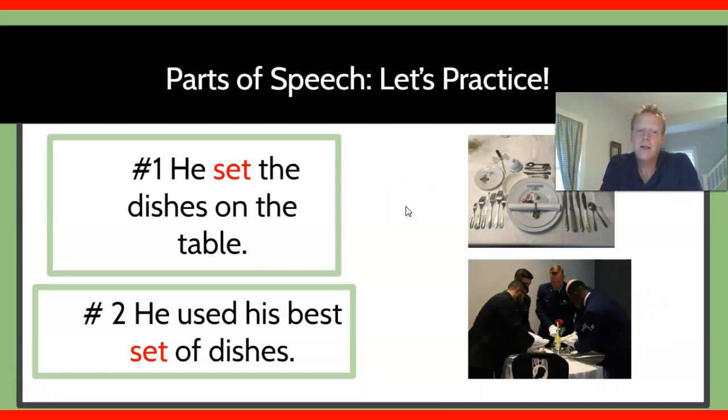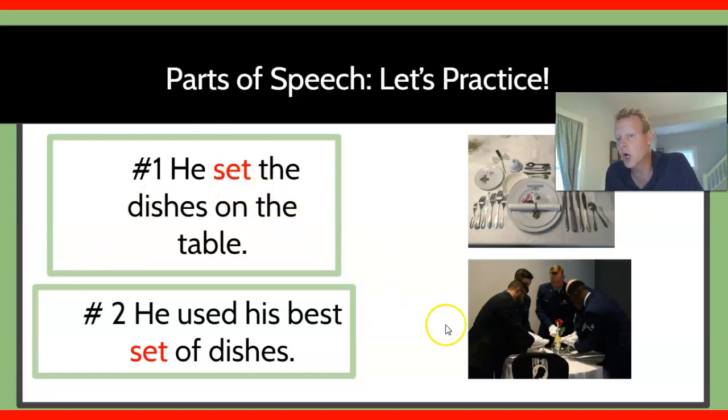Listen, a statement in English almost always follows subject, verb, object, or subject, verb, predicate. Predicate's just anything that comes after the subject and verb. So we know our subject is he. We've got to have an action. He set the dishes on the table. Set is being used as an action, a verb.